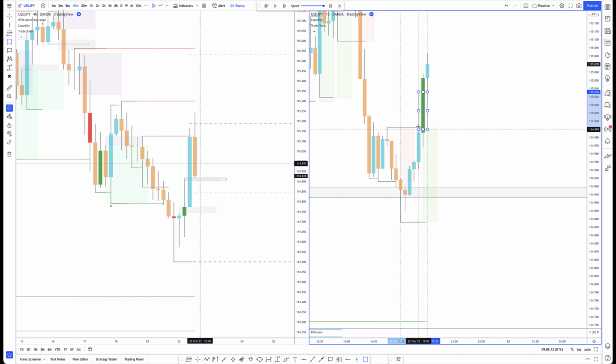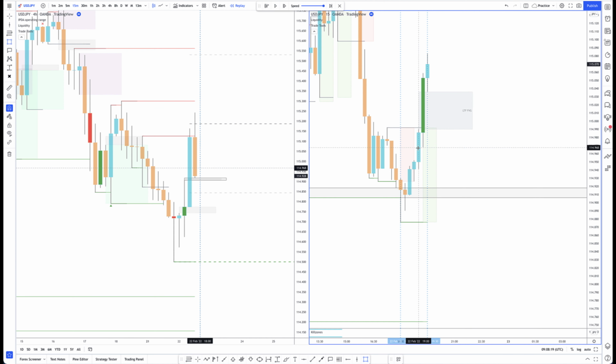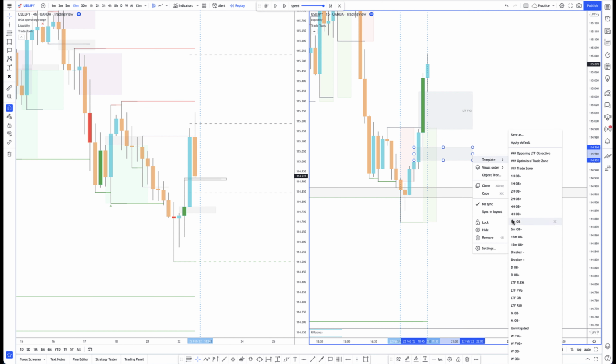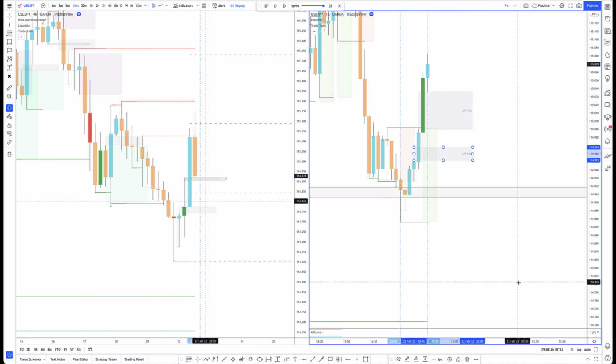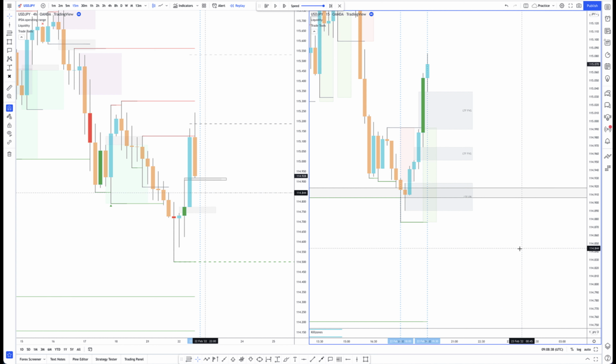Okay, so fair value gap. Fair value gap. Order block. Even though it has all these elements, I still don't find this setup interesting because of such a lethargic break of structure.